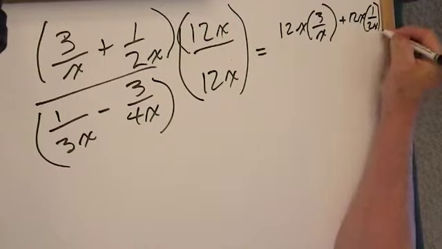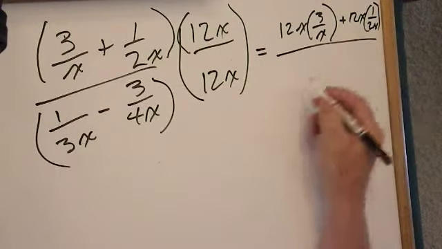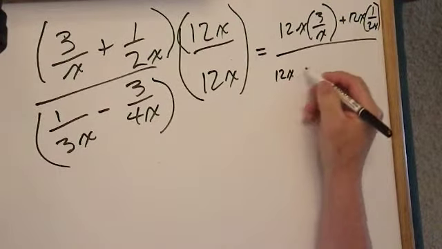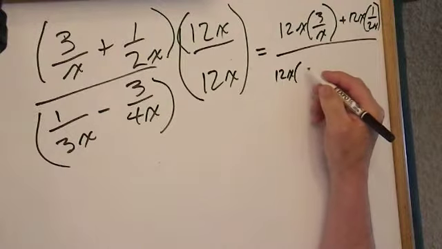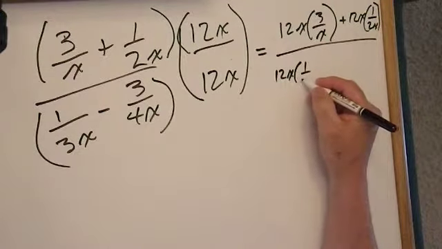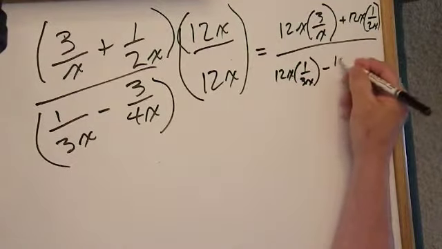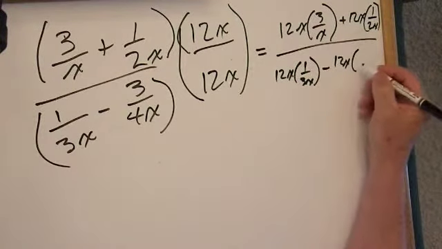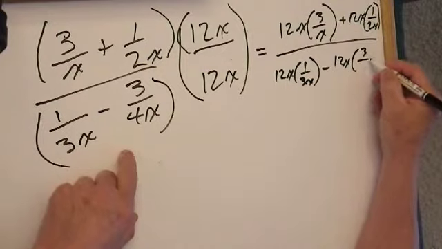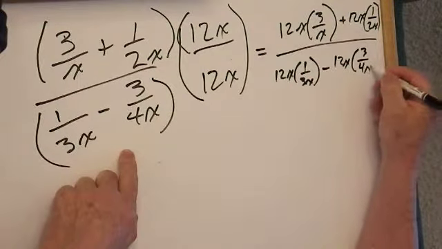Oh boy, running out of space here. All over 12x times 1 over 3x minus 12x times 3 over 4x.